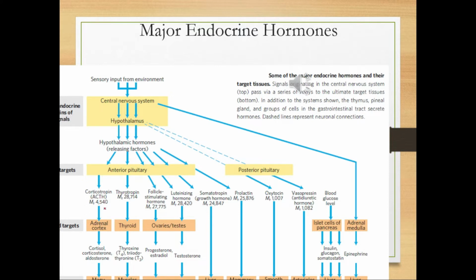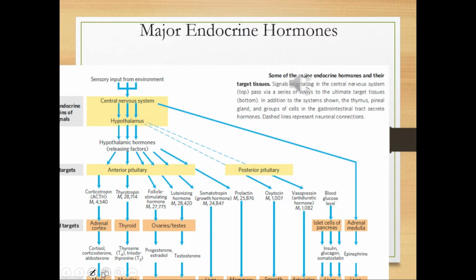This corticotropin hormone will act on the second target gland, the adrenal cortex, and will command it to release cortisol, corticosterone, and aldosterone. This cortisol will now act on many body tissues like liver, kidney, etc.